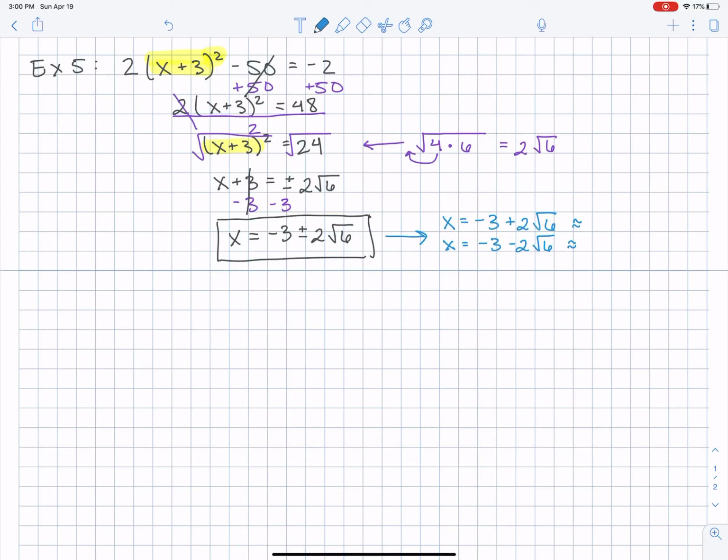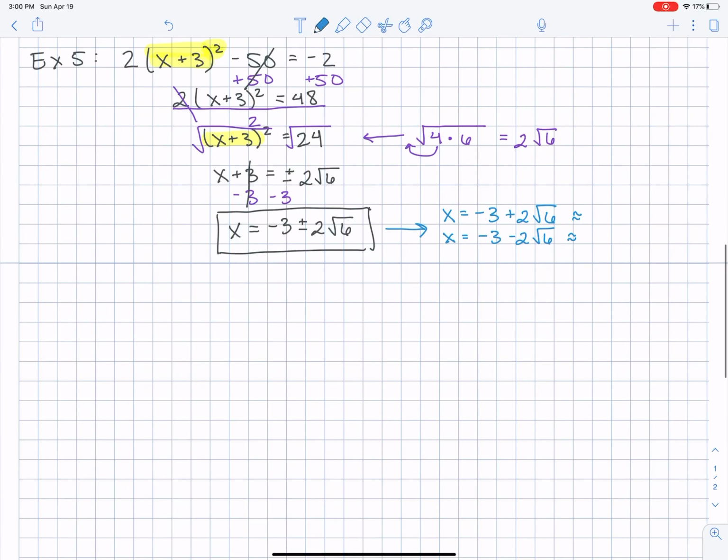The first one is about 1.899, and the next one, negative 3 minus 2 square root 6, is approximately equal to negative 7.899. Again, these are my roots, meaning that this is where this parabola should cross the x-axis.